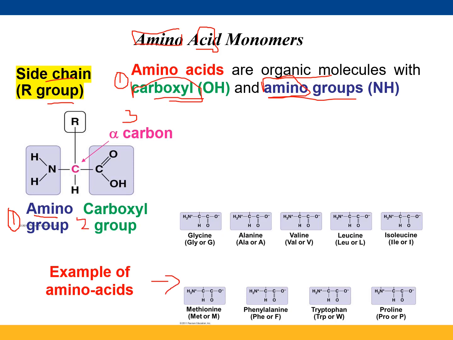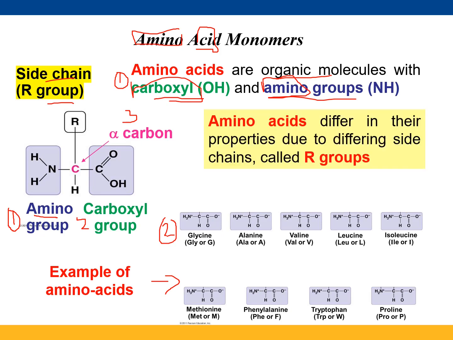If you remember, the amino group, carboxyl group, and the alpha carbon. So all of them look very similar. The difference comes from the R group. So let me show you some R groups in a second.